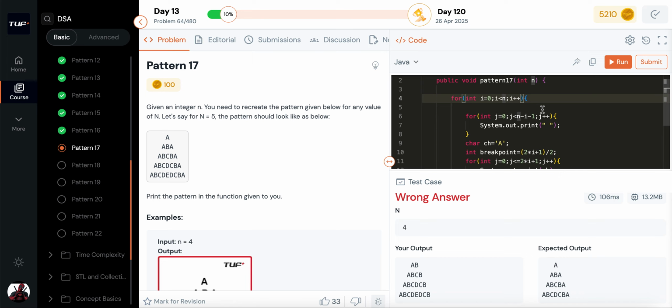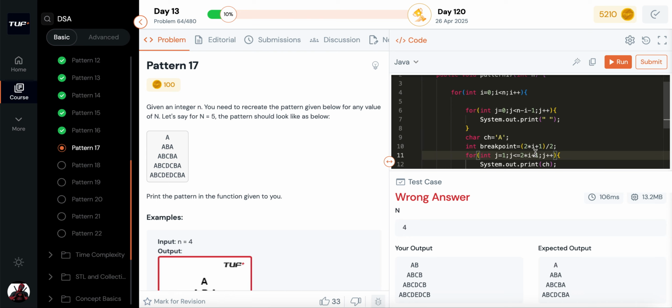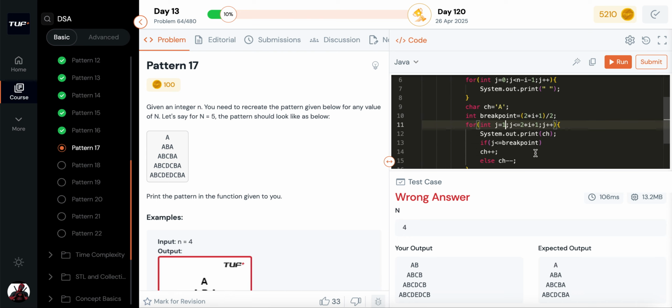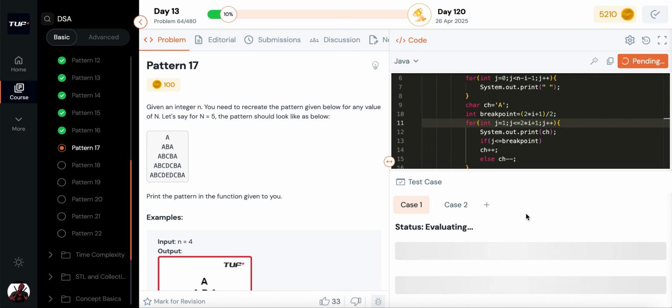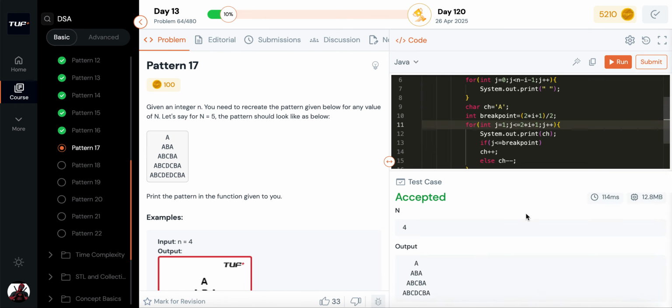And then I think I should start the j from 1 till 2i plus 1, less than or equal to, j plus plus. Let me check this condition.